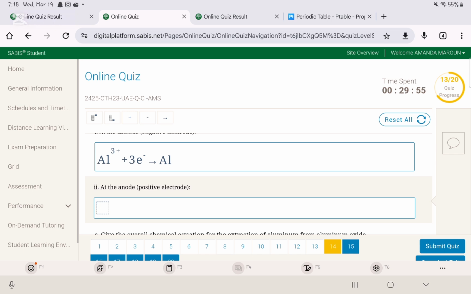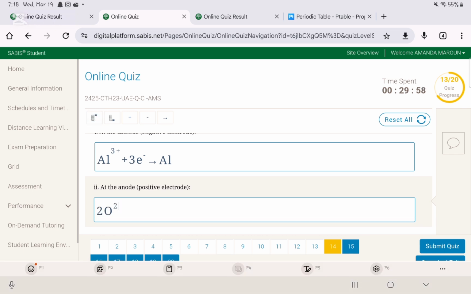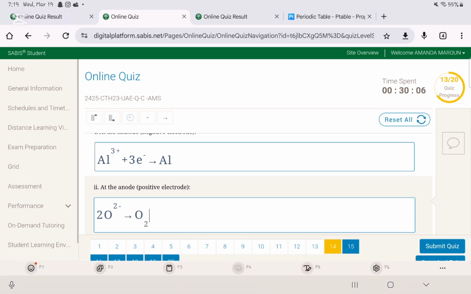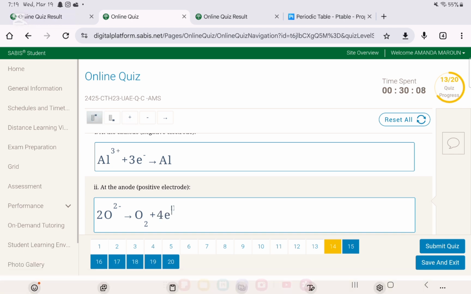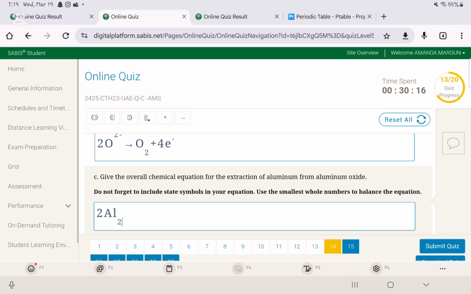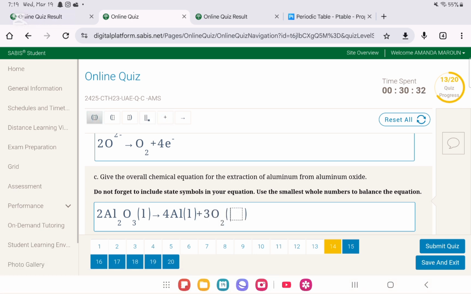And at the anode, we will have 2O2-, and it will give us oxygen, O2, in addition to 4 electrons. All right, now the overall chemical equation, as we said before, is 2Al2O3, which is the molten electrolyte. It is going to give us 4 liquid aluminium, pure aluminium, in addition to 3O2, which is a gas.